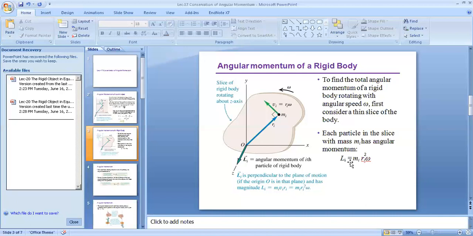So Li will become equal to mi ri squared omega. This is the magnitude of angular momentum of this single particle taken on the body of the rigid object having mass mi. Its tangential velocity is vi, which is expressed as the product of ri and omega. Omega is angular speed, and here we can see the counterclockwise rotation of the rigid object.